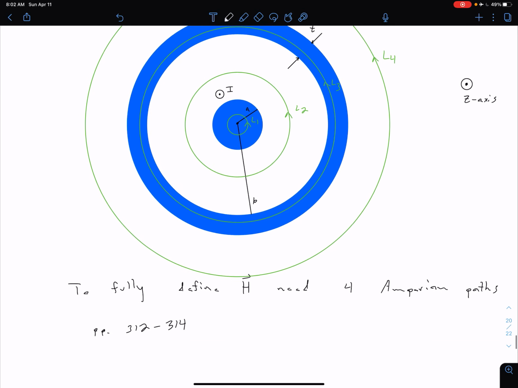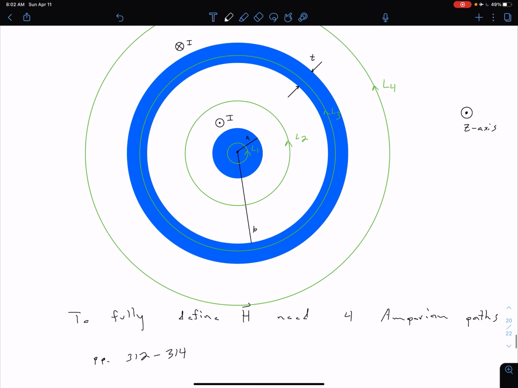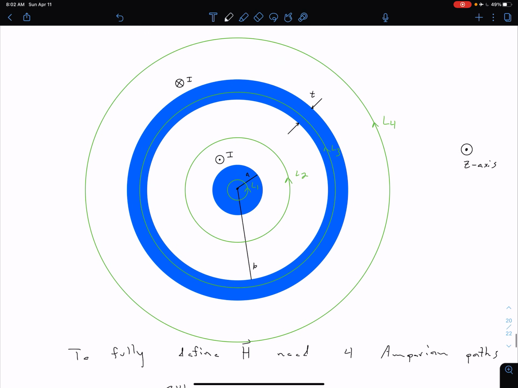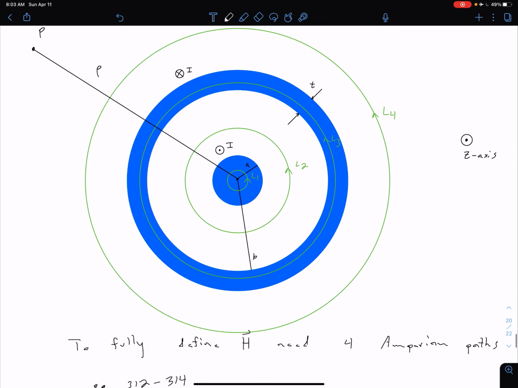I'm going to define rho as the perpendicular distance from the center of that coaxial cable. Remember, we're looking at this head on, but if we think about some point P out here, it would be some perpendicular distance rho from the center of our coaxial cable.